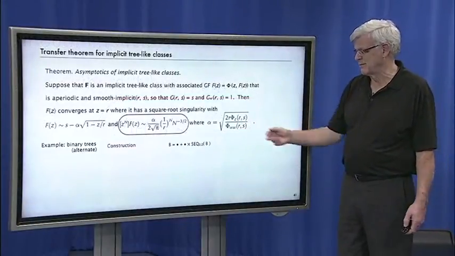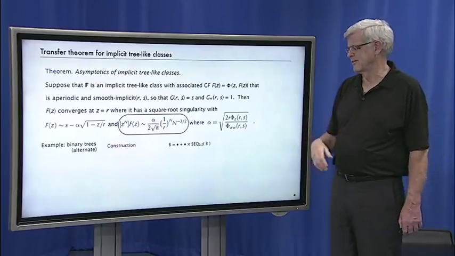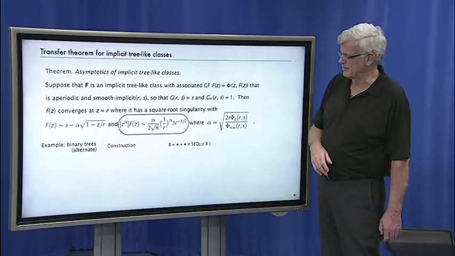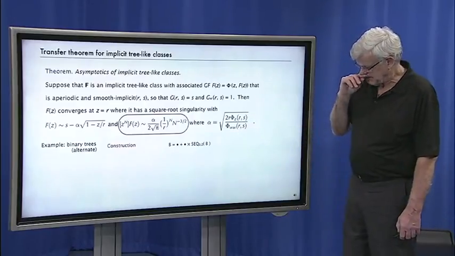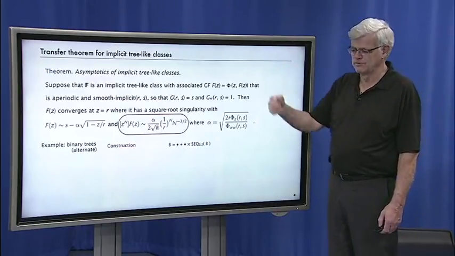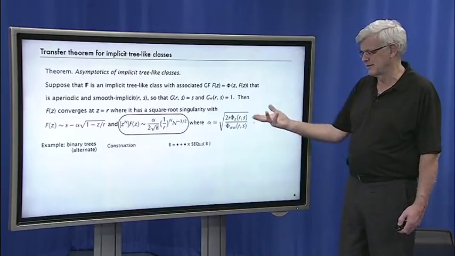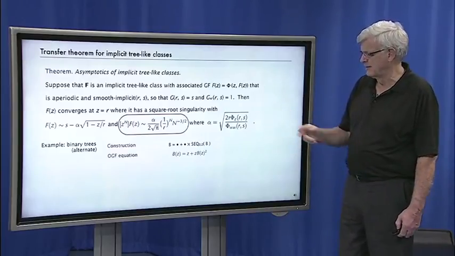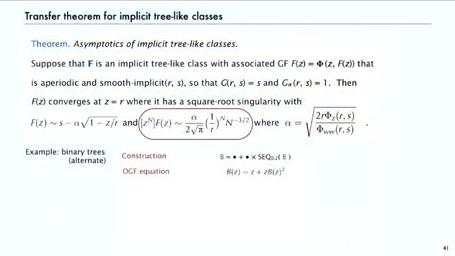Like for example, binary trees. If we use the other construction of binary trees, where it's a node or a root and a sequence of 0 or 2 binary trees, another way to define binary trees. Now our equation is z plus z times b of z squared, so that gives the characteristic function z plus w squared.